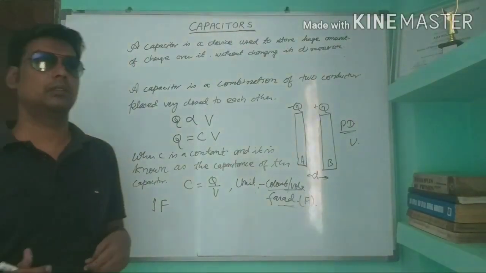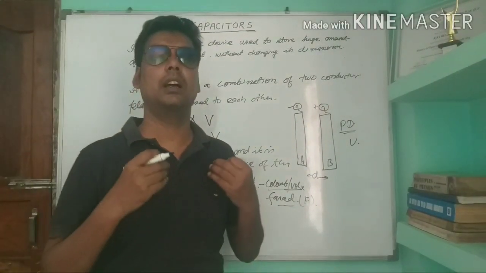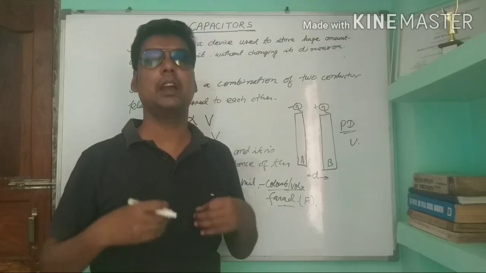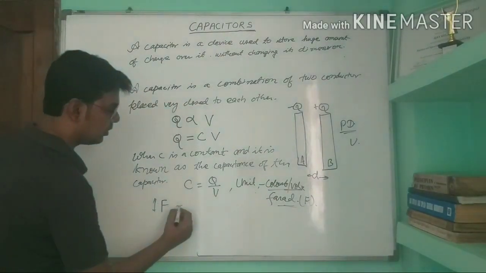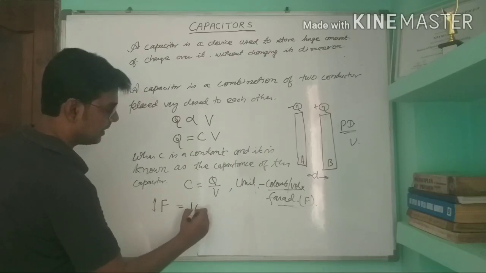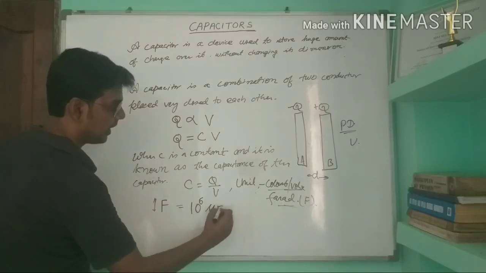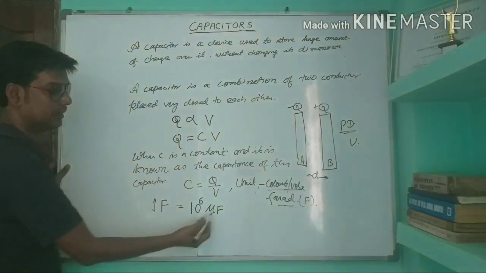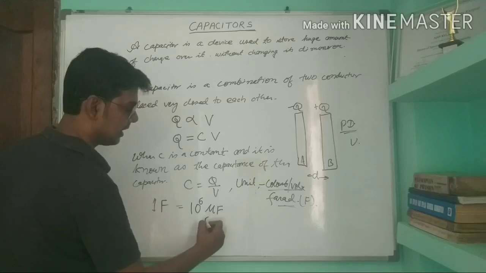So the small units we use are microfarad, nanofarad, or picofarad. So 1 farad is equal to 10 to the power 6 microfarad, μF, where F is capital. Sometimes it is written as MFD.